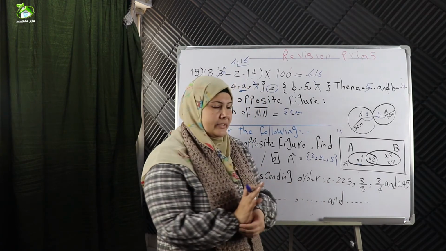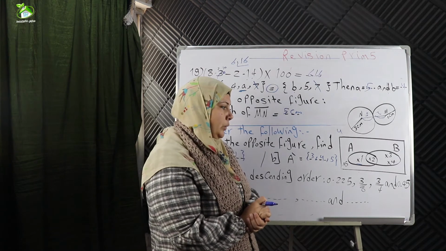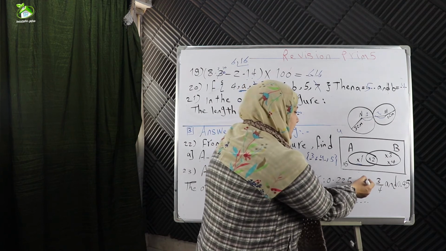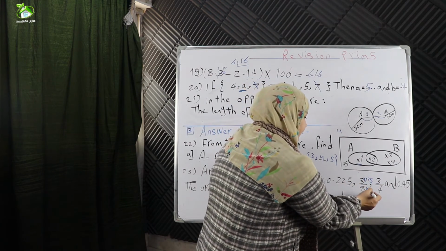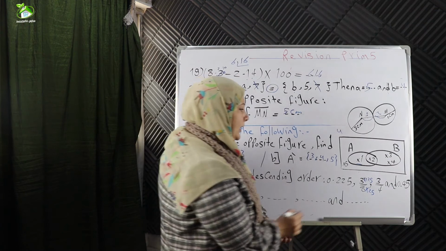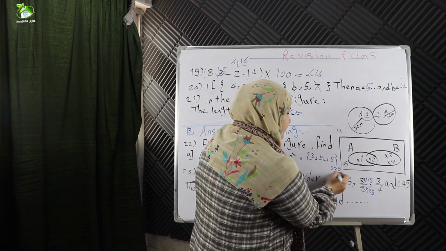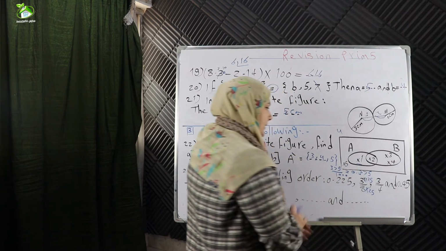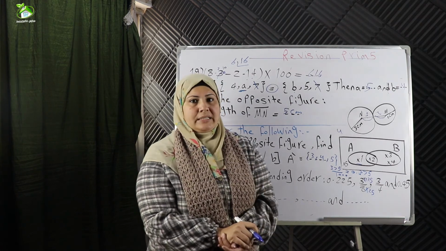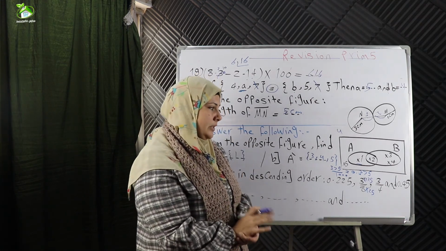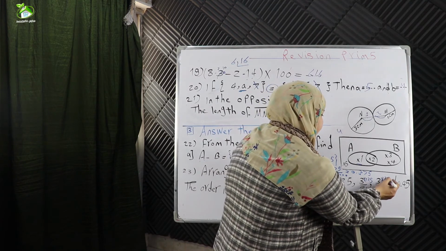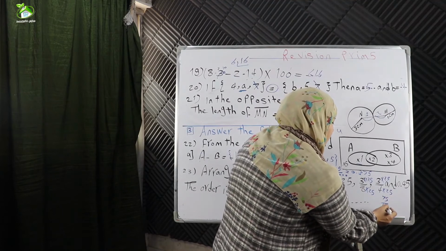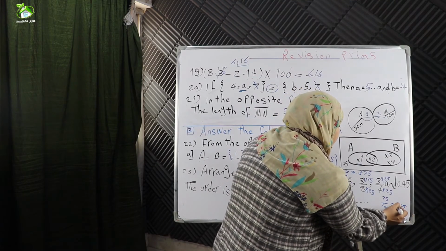To convert 3/8 to decimal, we will multiply both numerator and denominator by 125. 3/8 will be 375 over 1000 equals 0.375. To convert 3/4 to decimal, multiply both numerator and denominator by 25. It will be 75 over 100. It's equal 75 hundredths.